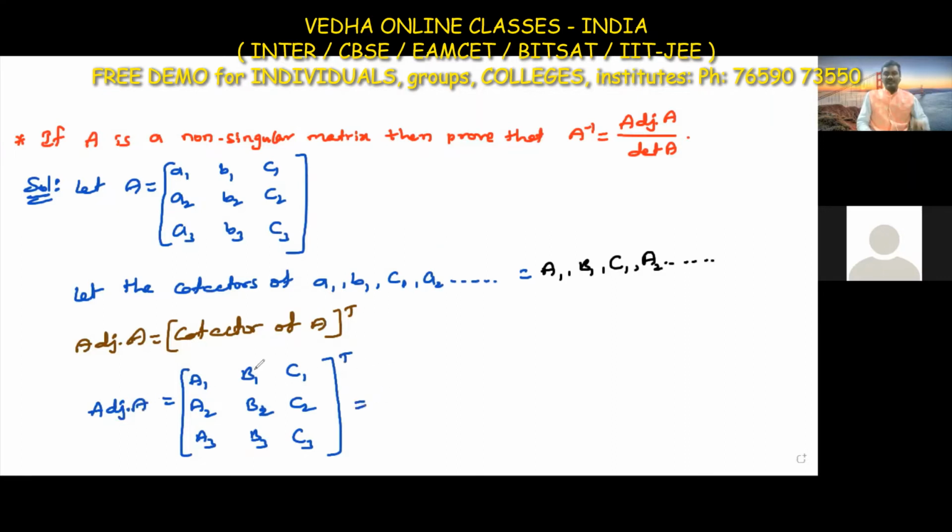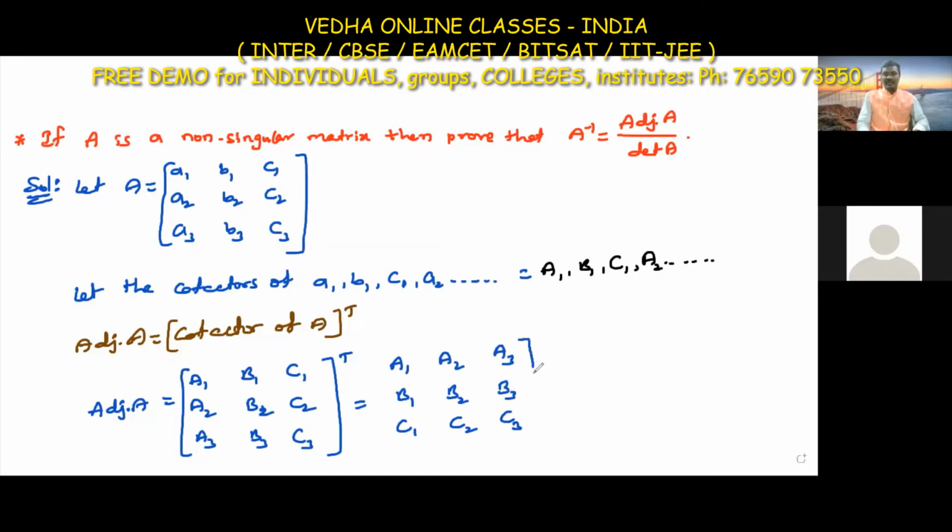If we transpose, take A1, B1, C1, which is the first row. I am writing this as the first column: A1, B1, C1. Write the next one, A2, B2, C2, as the second column, and the third row as the third column, that is A3, B3 and C3.